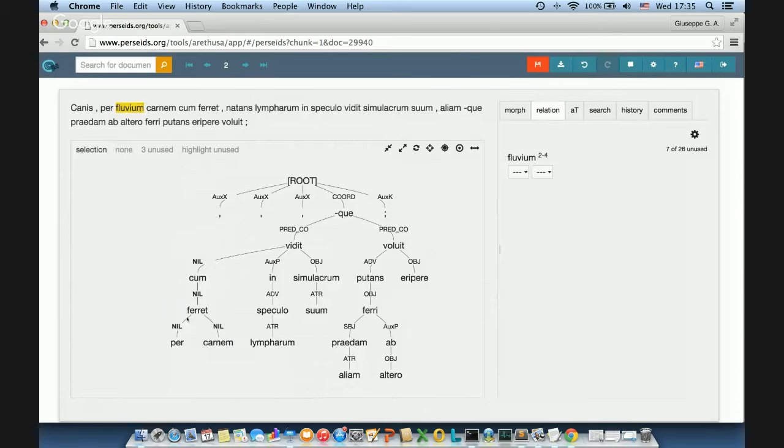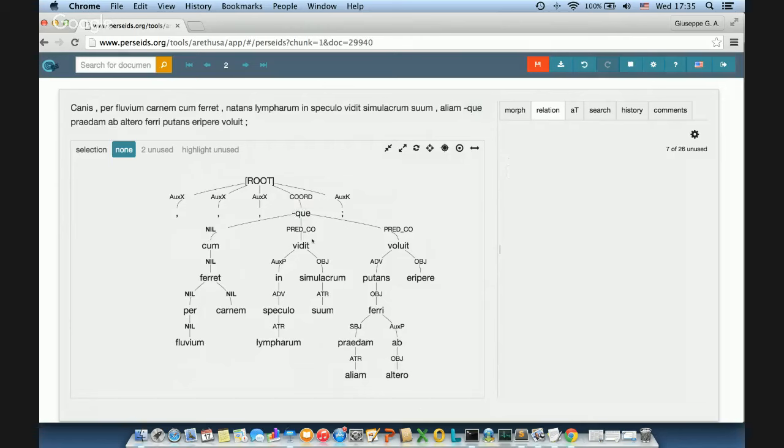Okay, so, while he was bringing meat through a river. Again I repeat, if I take this clause to modify only vidit, I attach it to vidit, but if I think that it relates to both clauses, in this case we attach it to que.